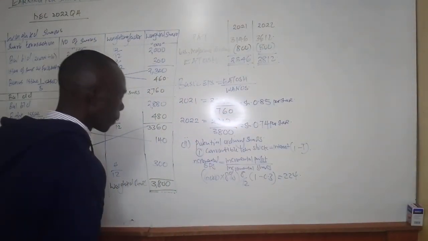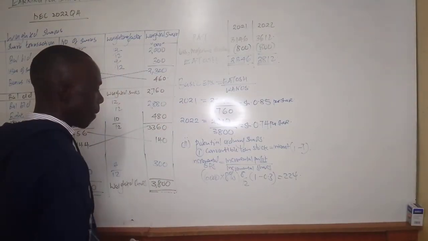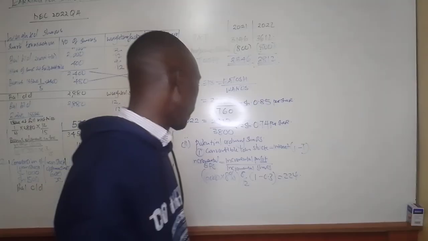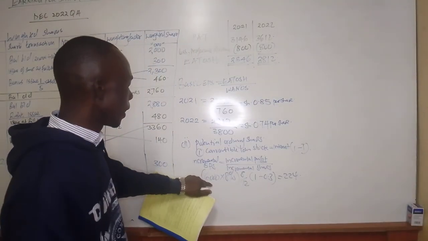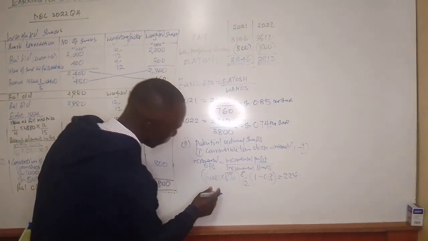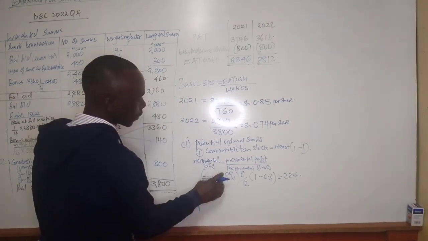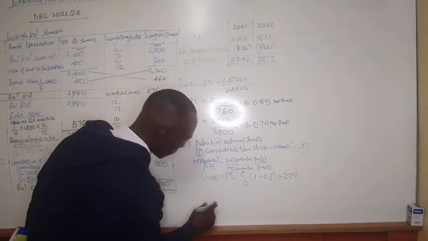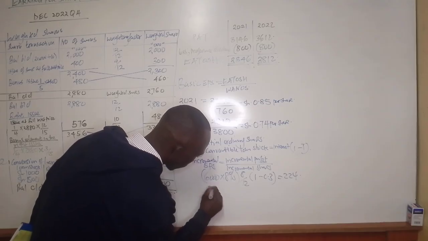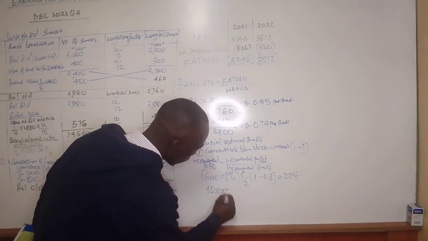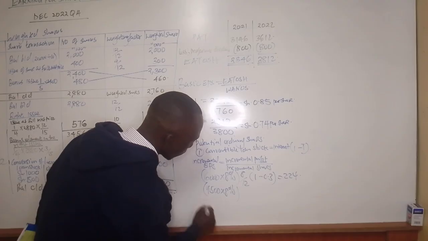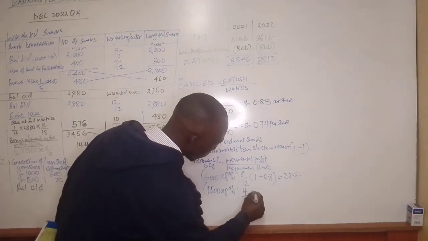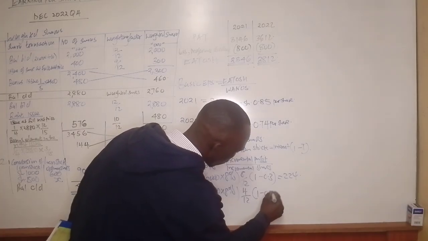Now let us compute the remaining for the 4 months. How many were converted? We converted 1,500. The total was 6,000. The remaining is 6,000 minus 1,500, you will get 4,500. Then again you multiply by 8%. Then now it is for only 4 months over 12. Then 1 minus 0.3.